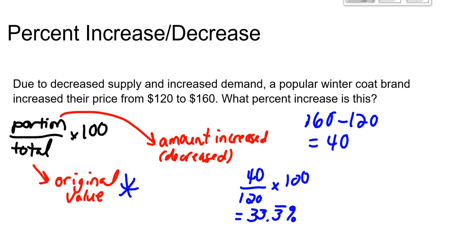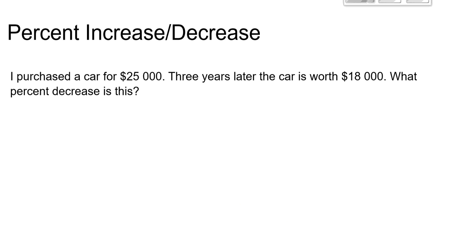So let's look at another problem, this one involving a decrease. We have a car that we purchased, and then 3 years later, the price has gone down. This is very common with cars. So we're trying to figure out the percent decrease. Again, first thing we have to do is figure out how much did we decrease by. So we're going to figure out the difference between the prices.